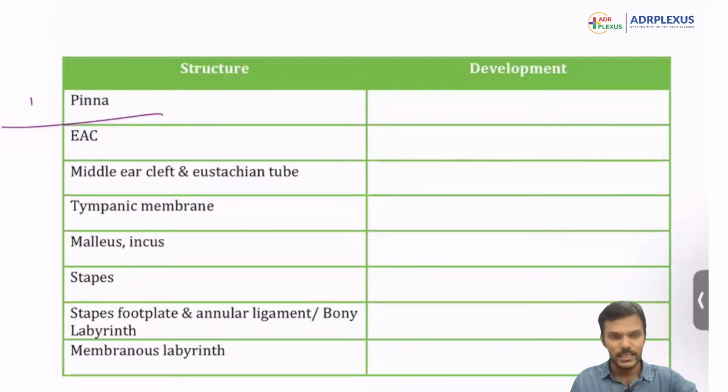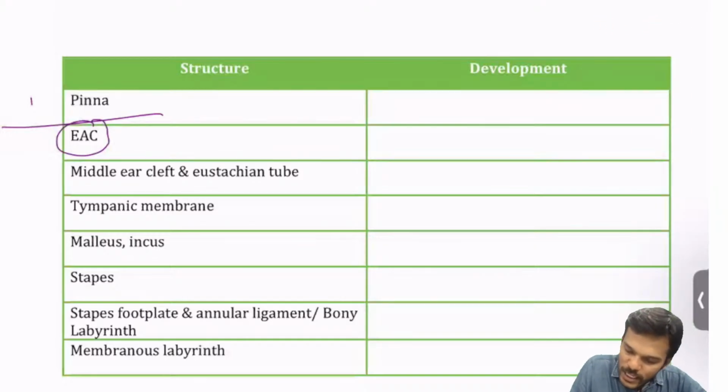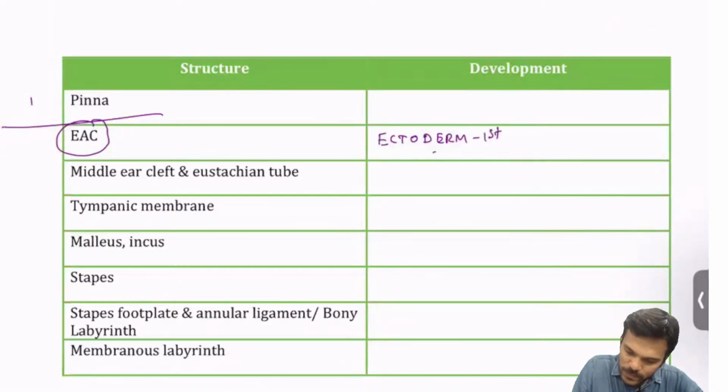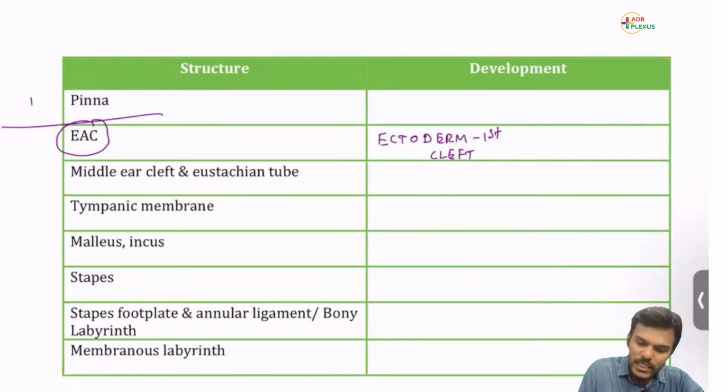First, we'll start with the external auditory canal. It is ectoderm, which is the first ectodermal cleft. I'll just write it one by one.